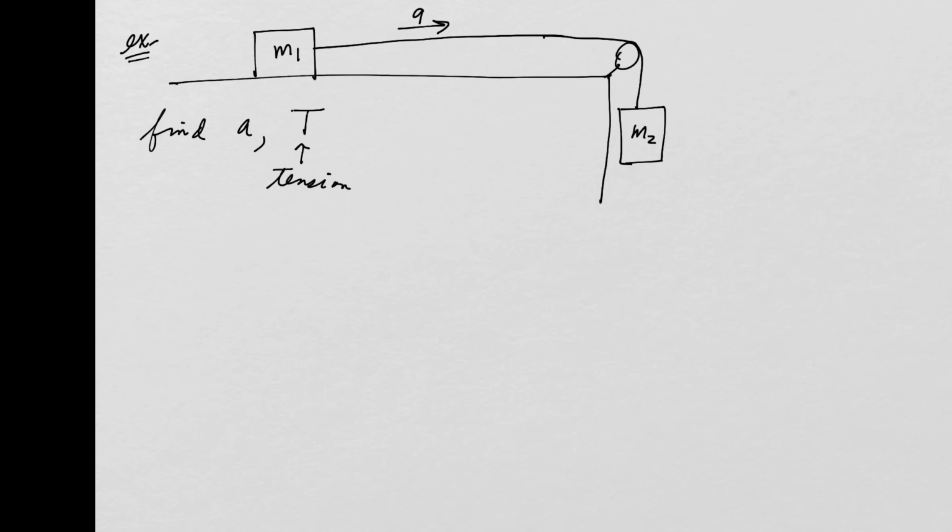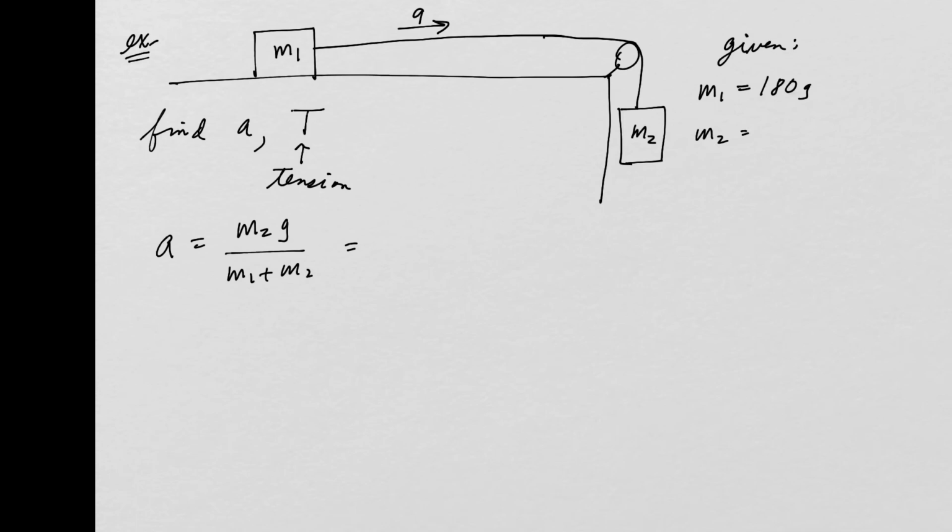Well, you don't have to really apply Newton's second law. We already derived the formulas for this, so you can just use those formulas. Remember, the acceleration was simply m2 times g over m1 plus m2. We derived that formula. And since we're in CGS units now, grams, you have to be careful. Let's say we're given that m1, the mass of the cart, is 180 grams, and m2 is 20 grams.